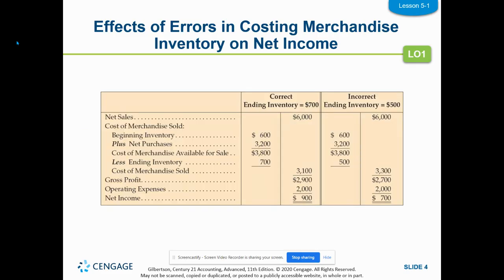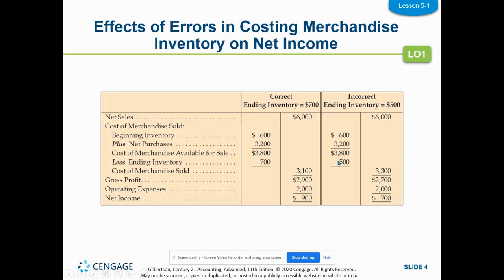Here's an example where our ending inventory cost us $700, and at the end of the year our income was $900. In this other example, they said our inventory only cost us $500, and so our net income shows that we're actually making less.